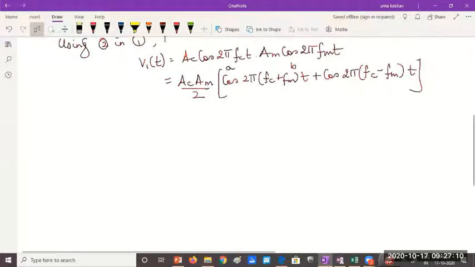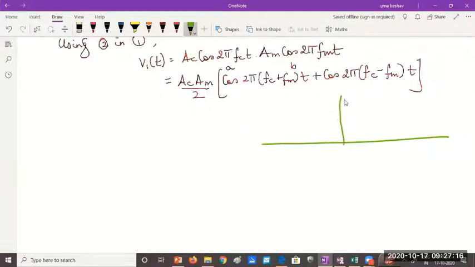Okay. Now, what is this cos of A plus B? Say if I try to draw the spectrum for this, I told you from the equation you can directly draw the spectrum. Corresponding to every cosine, you will have what? 2 components, and at what frequency? If this is Fc, at Fc plus Fm you will have one component.